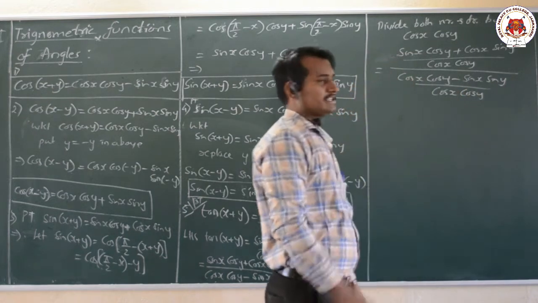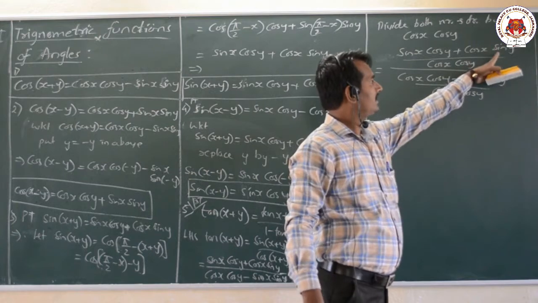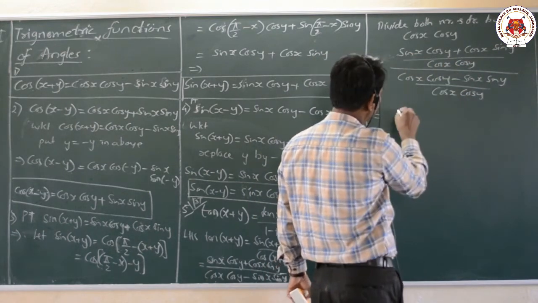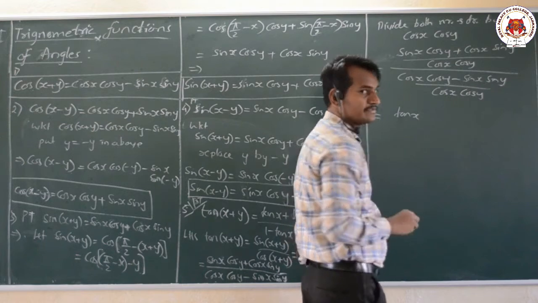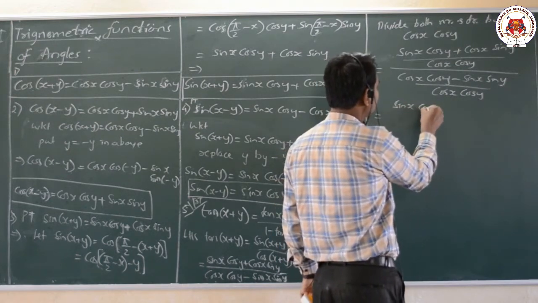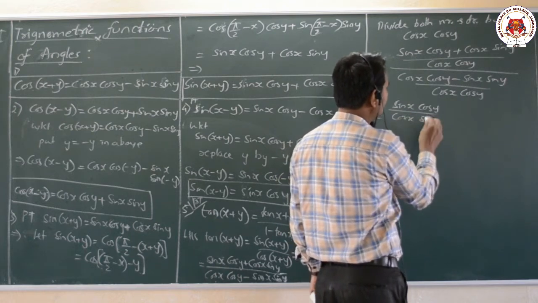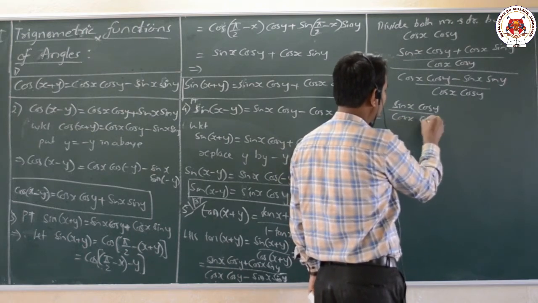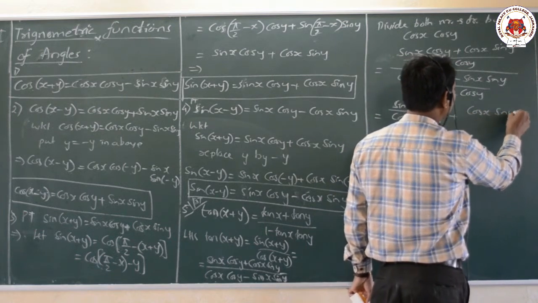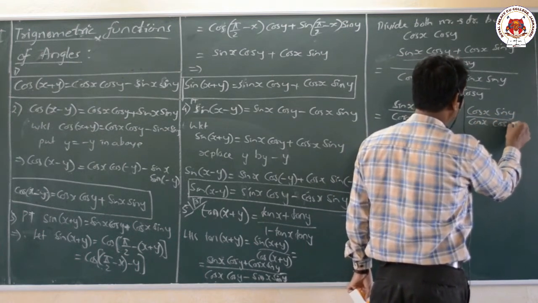Okay, fine. Now here we can observe that sin x cos y is divided by these two things, and cos x sin y is divided by these two things. What happens here, sin x by cos x is nothing but tan x. Or else I will write one more step: sin x cos y whole divided by cos x into cos y, plus cos x into sin y whole divided by cos x into cos y.